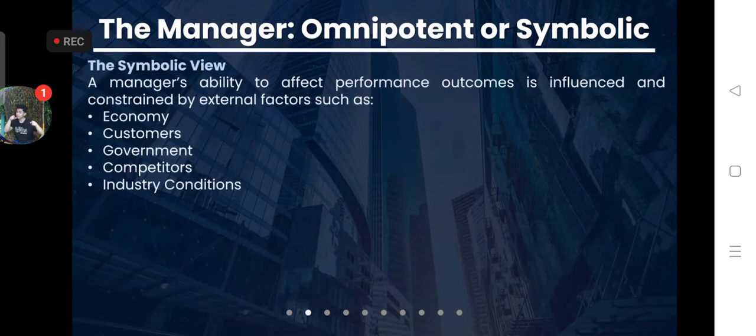In the symbolic view, a manager's ability to affect performance outcomes is influenced and constrained by external factors such as economy, customers, government, competitors, industry, and industry conditions. So, according to this view, it's unreasonable to expect managers to significantly affect an organization's performance, because the blame for the performance shown by the organization is not directly on the managers.